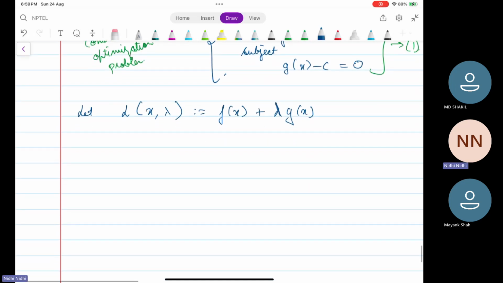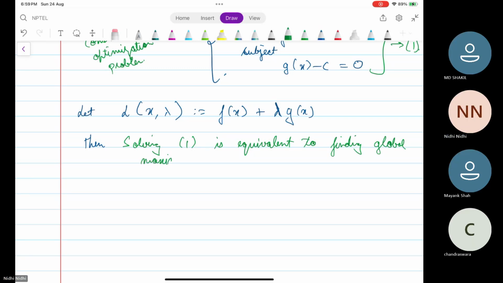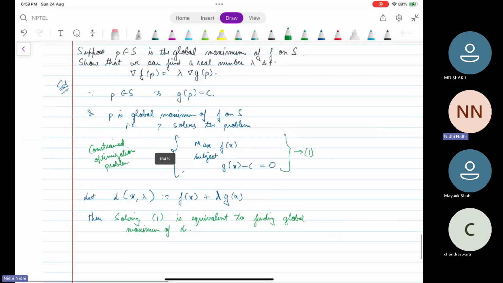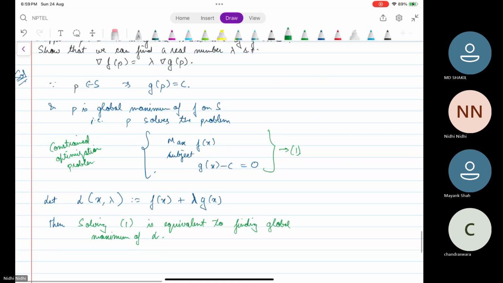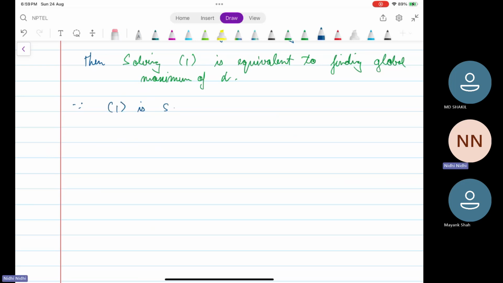Then we know that solving 1 is equivalent to finding the global maximum of L. Now we know that problem 1 has a solution given by P, and earlier we have seen that the derivative at the global maximum is 0.